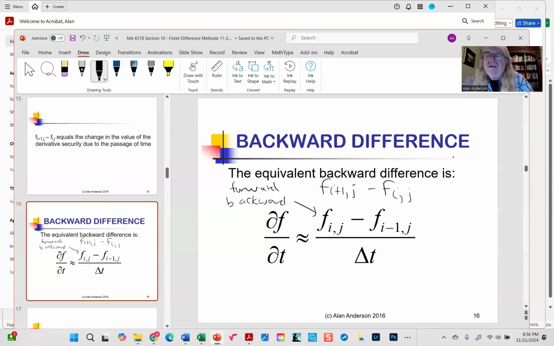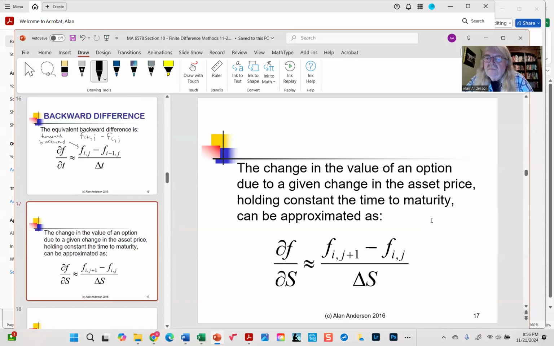So like i would be today. Okay, whatever time is today is i. Here you're looking at yesterday, the other one you're looking forward into the next time step. Now the delta, as you can see, instead of the i's changing, it's the j's that are changing.